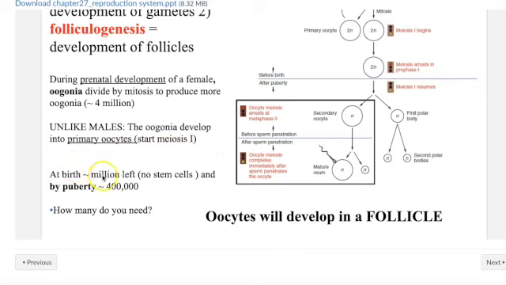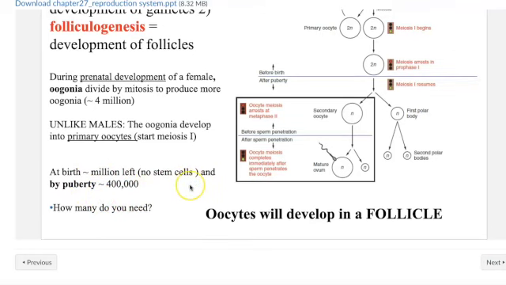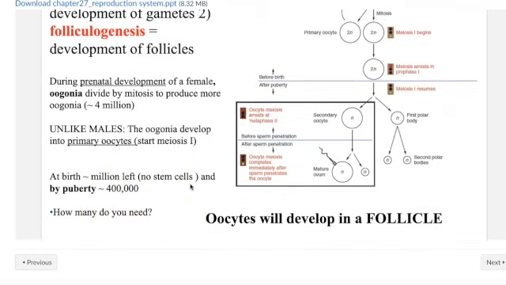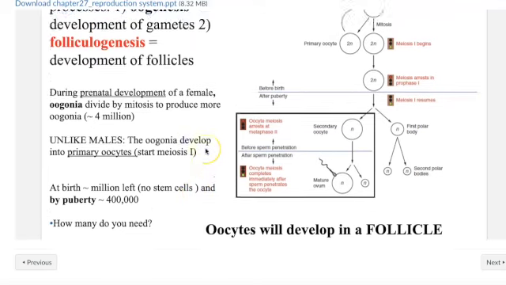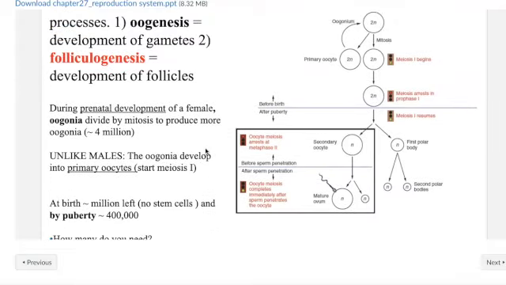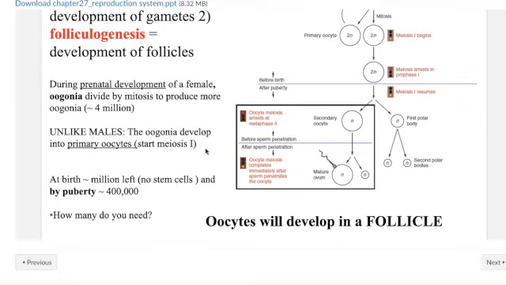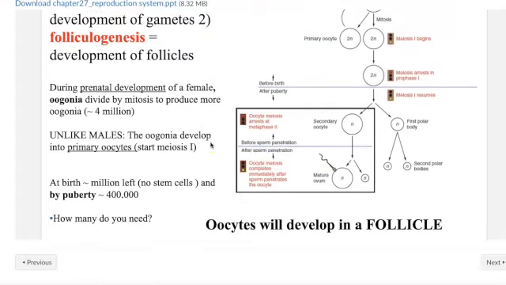At birth, millions are left, with no stem cells, and by puberty only about 400,000 are left. But how many do you need? You just need 1 per baby. So if you do the calculation, pretty much about 10,000 of them die each month, and we don't know why.